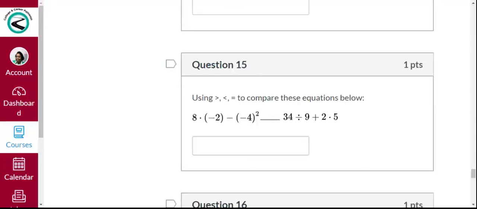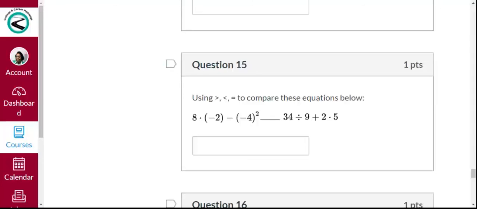And then you get 7 here. So I'm getting 3 and 7/9. And then I have to do the 2 times 5 first, plus 10. So I'm getting 13 and 7/9 on that side.